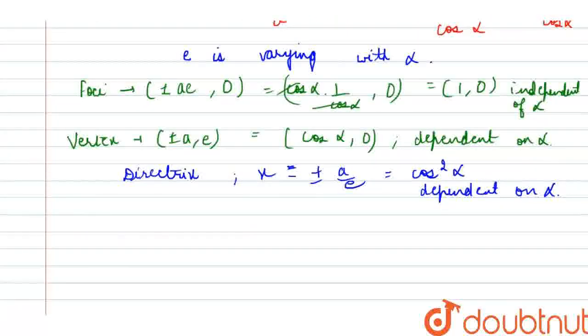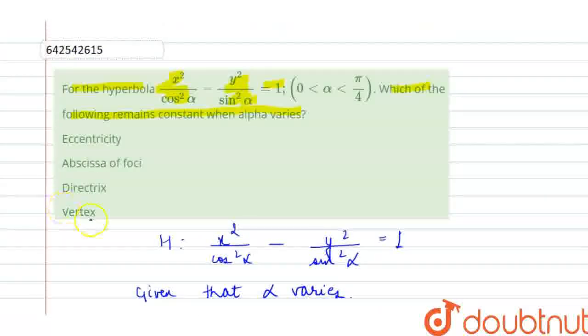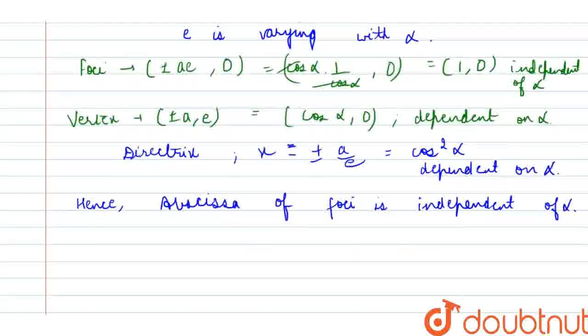So hence abscissa of foci is independent of alpha. So let us have a look at the options. We can say that abscissa of foci is the correct option. I hope this explanation is clear to you all.